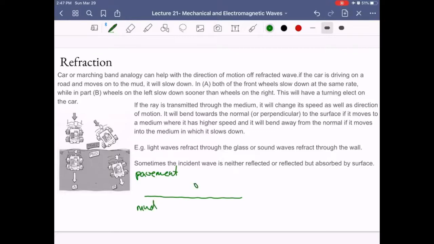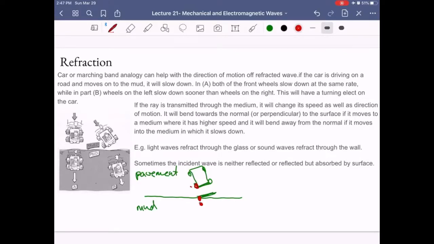So as the car enters the mud, it will probably slow down. The first part of the car that's entering the mud is this wheel here. I will do it in red. So this wheel enters the mud first, and it carries on moving, but it is slower. And the wheel on the other side of the car is still moving fast.